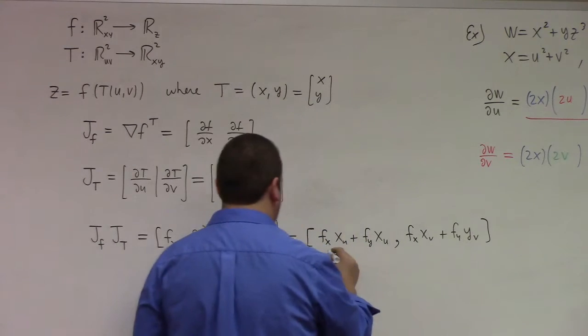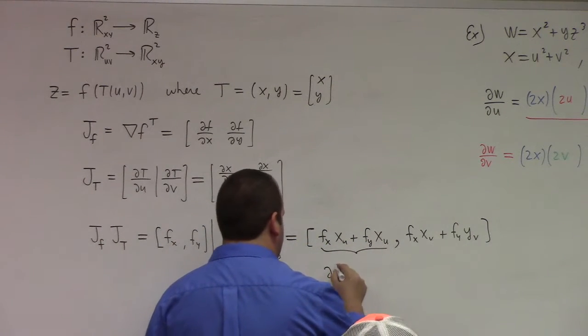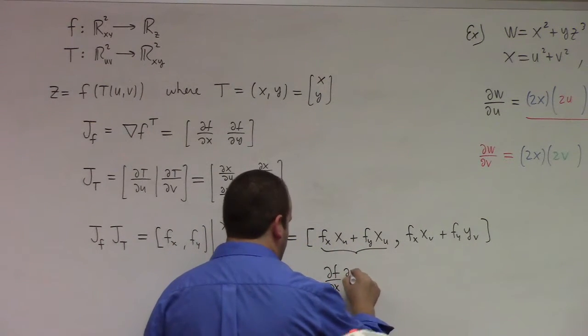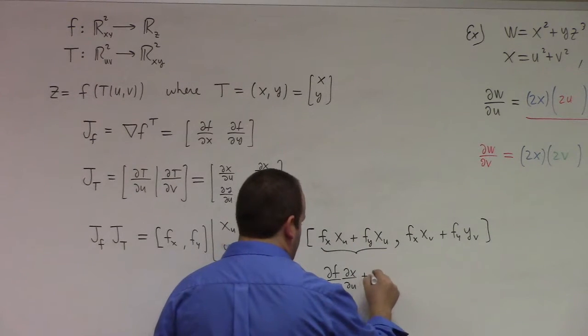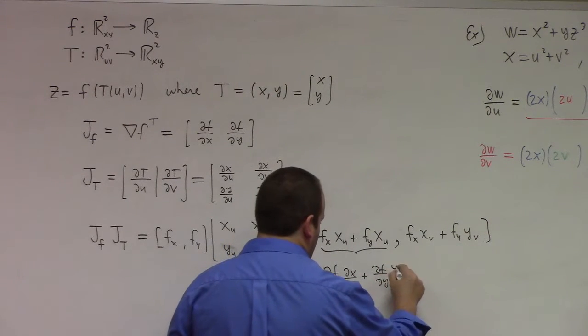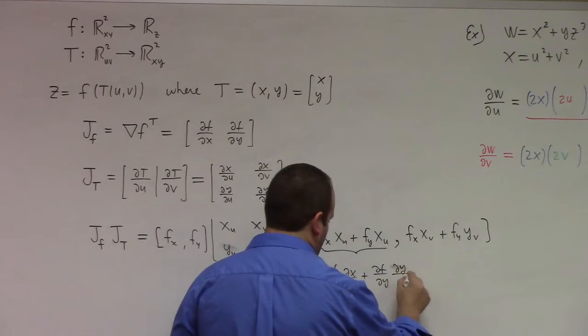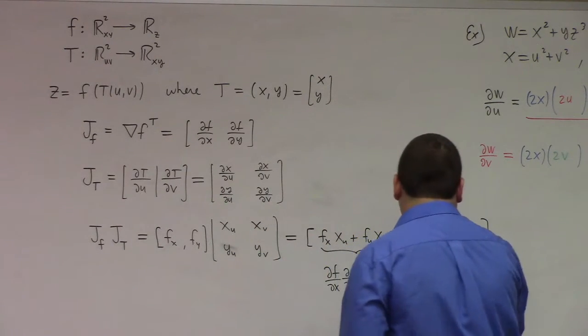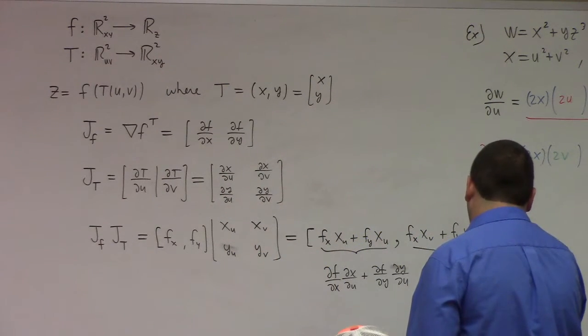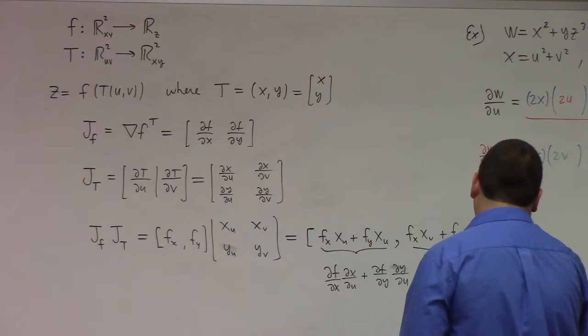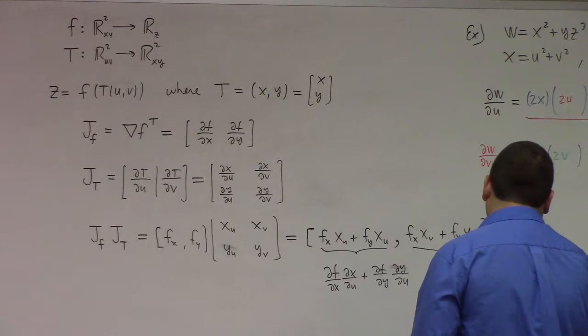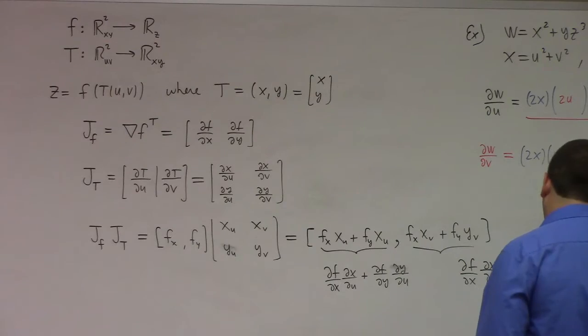Okay, fine. So I'll go back to the other annoying notation. So I got partial f, partial x, partial x, partial u, plus partial f, partial y, partial y, partial u. And this one is partial f, partial x, partial x, partial v, plus partial f, partial y, partial y, partial v.